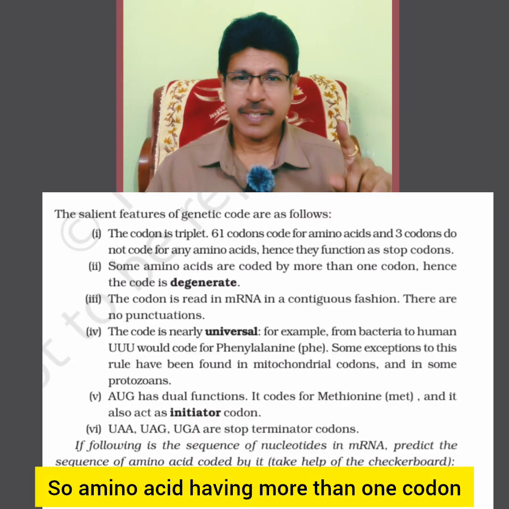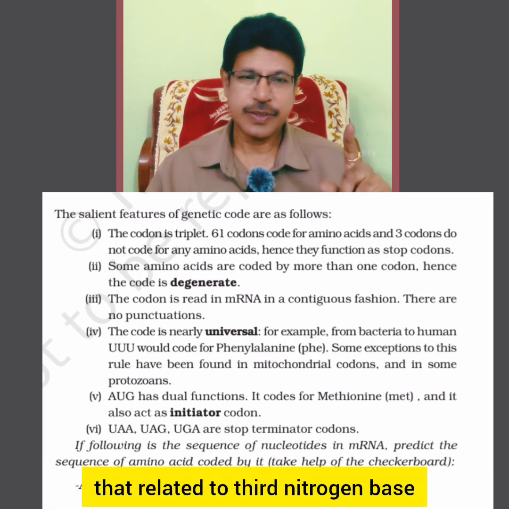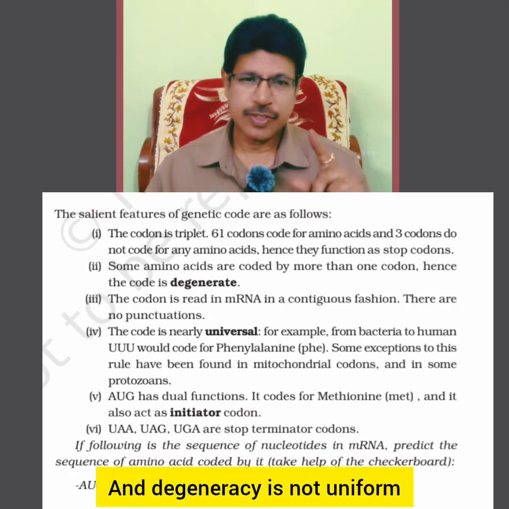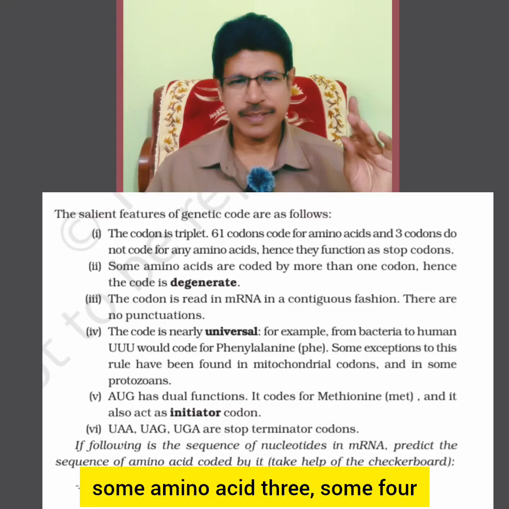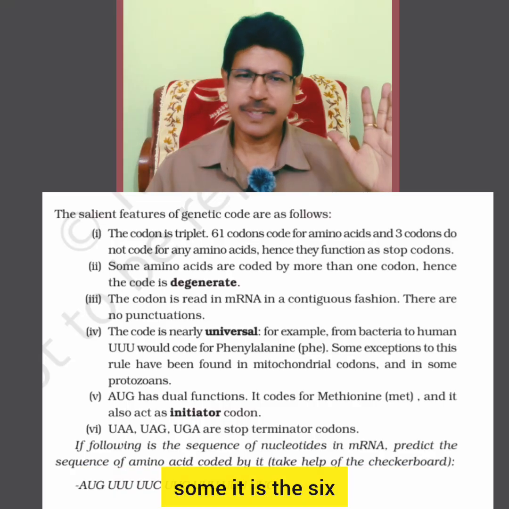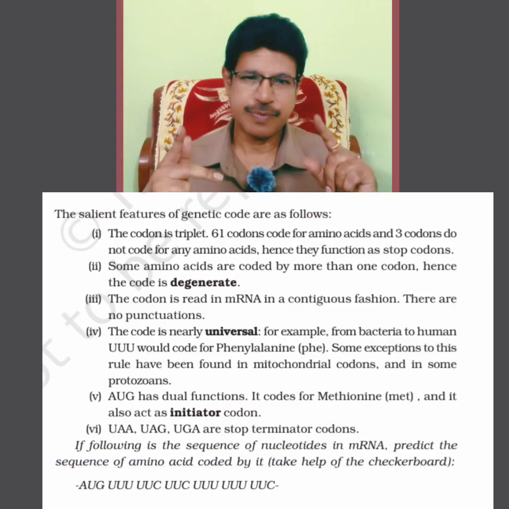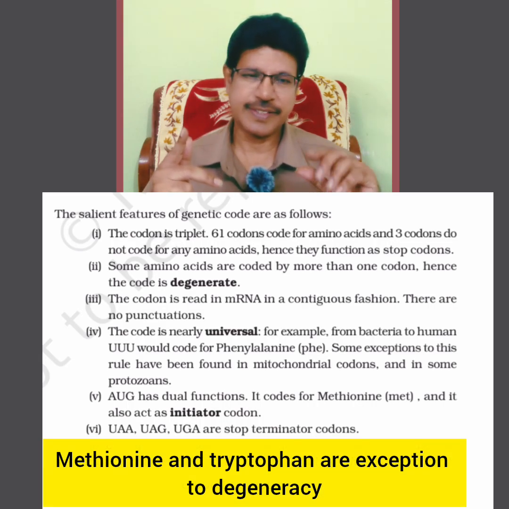So, an amino acid having more than one codon, that property is degeneracy, related to the third nitrogen base. And degeneracy is not uniform. Some amino acids have 2, some 3, some 4, some 6. And there are exceptions to degeneracy. Methionine and tryptophan are exceptions to degeneracy.